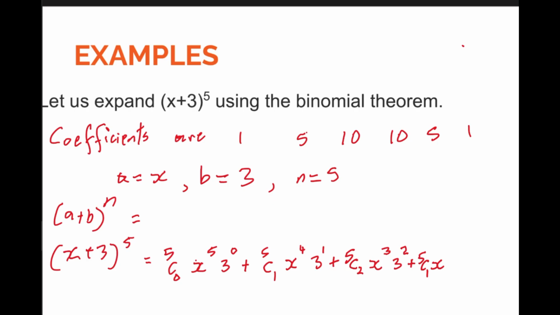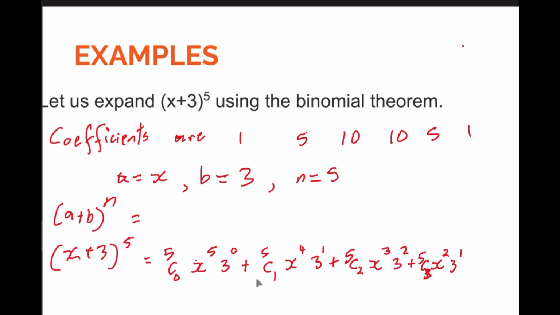No, I'm sorry, let's go. This has got to be 3. Are we going up here? 0, 1, 2, 3. So that's going to be x to the second, and then 3 to the first power.